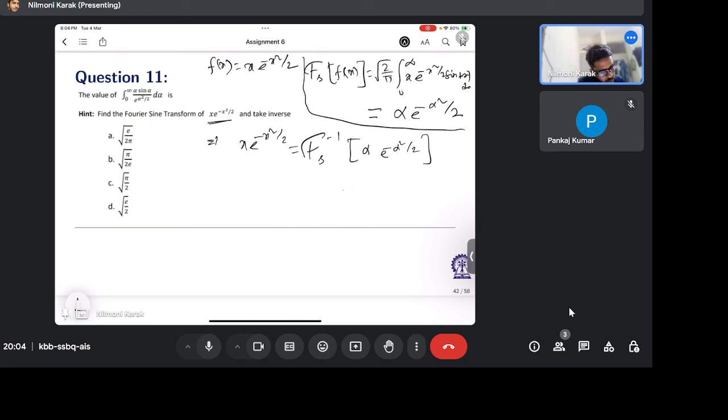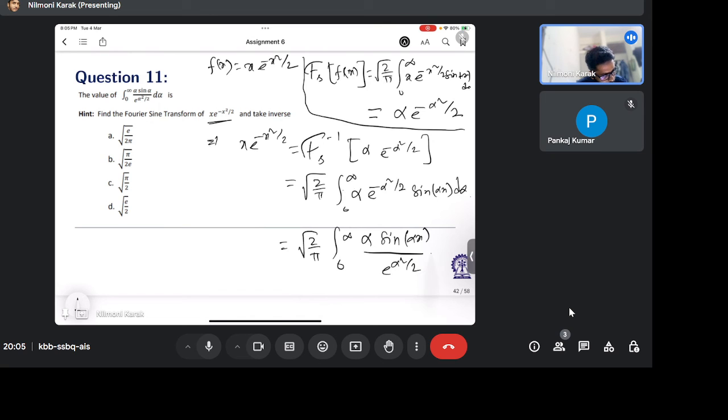Now we have to use the inverse transform: root 2 by pi integration 0 to infinity alpha e to the power minus alpha square by 2 sin alpha x d alpha.